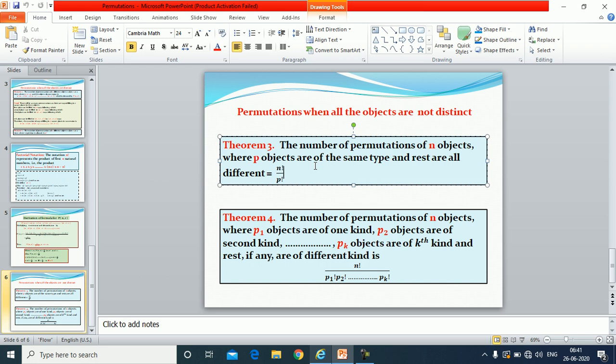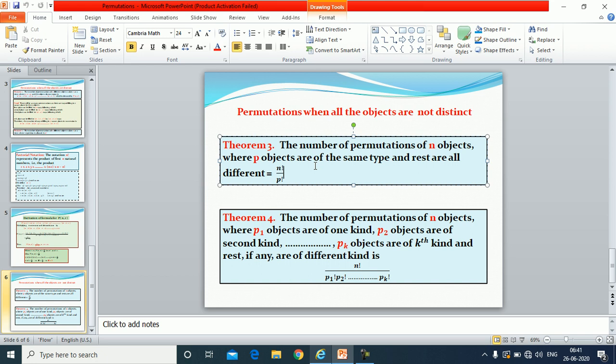In this word apple, if those two P are interchanged, it still remains apple. So it is the same arrangement. But if we neglect that and we arrange these 5 objects using the formula, then we will not get the correct number of arrangements.